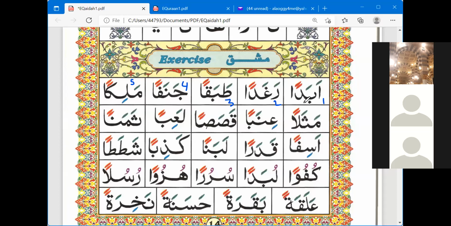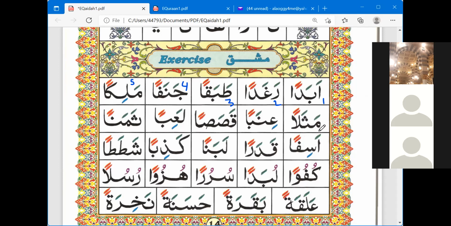Number 2, rogodan. Number 3, tobacon. Number 4, janafan. Number 5, malikan.